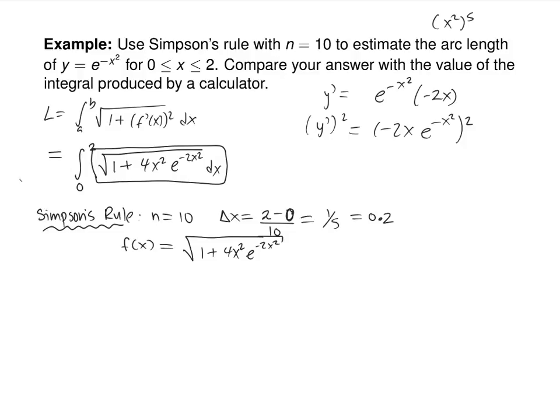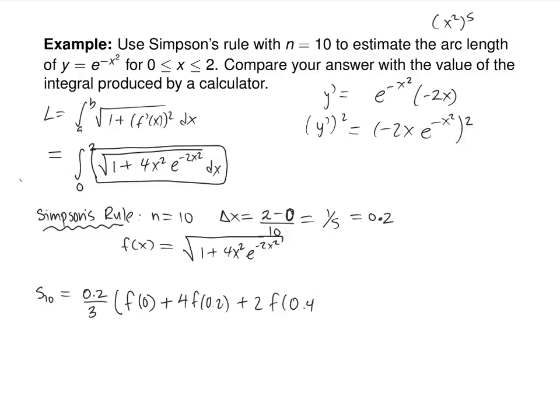Right? So then S10, I'll just start the setup, will be equal to 0.2 over, what part? 3? And then first you plug in f of 0, and then what's the next coefficient? 4. F of 0.2 plus 2 f of, what's the next number? 0.4.